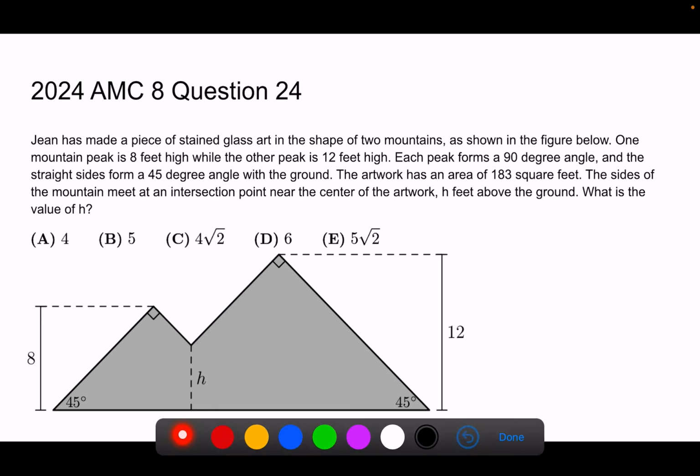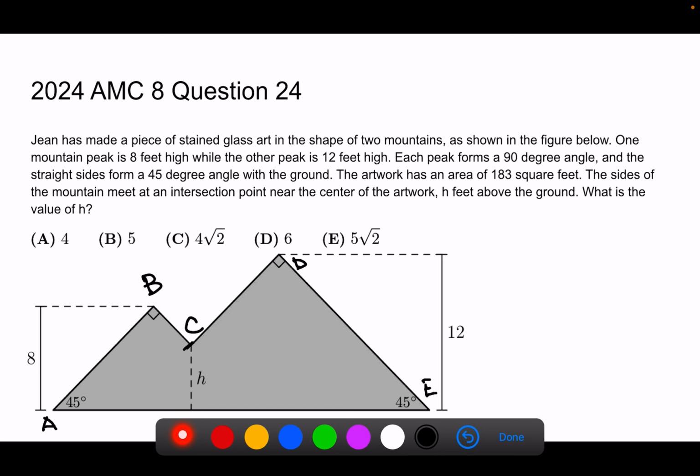So let's name a few points to make things easier to handle. Let's see, this point is A, B, C, D, E. And now let's extend DC to form the big triangle.